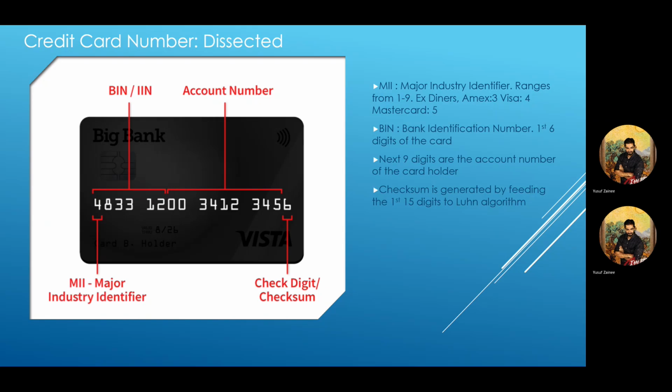Like 1 and 2 denote the airline industry, and 3 stands for dining and hospitality. That's why it is given to Diners and Amex cards. 4 actually denotes Visa, 5 denotes MasterCard, and so on.